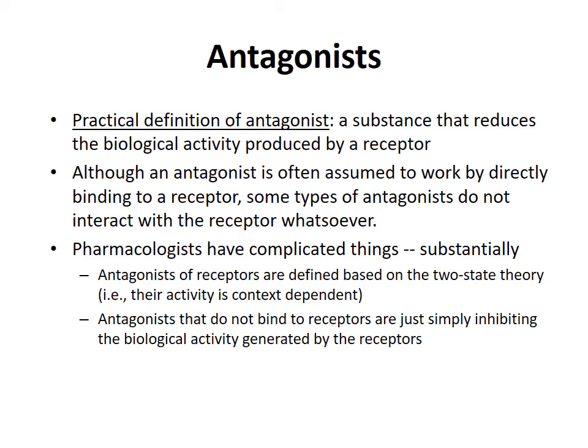Now we're finding there are different degrees of antagonism. The ultimate inhibitor would really be the inverse agonist, right? Because that forces the receptors to be inactive for the most part.